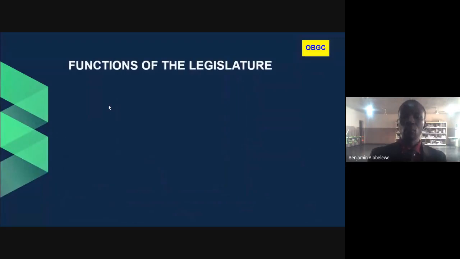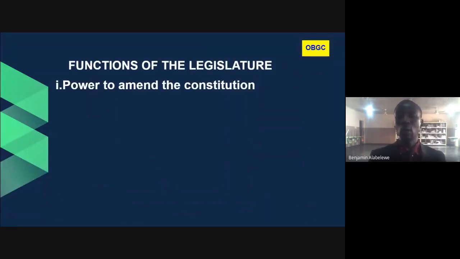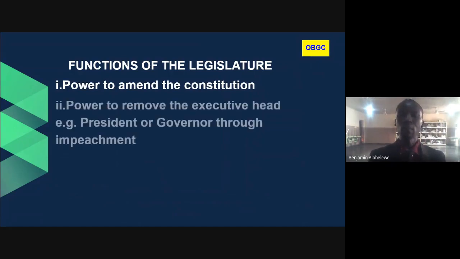Then, functions of the legislature. They have the power to amend the constitution. They are saddled with the responsibility of amending the constitution, of looking into the loopholes in the constitution and fixing it. They have the power to remove the executive if he's found wanting in his operations or is alleged with gross misconduct.